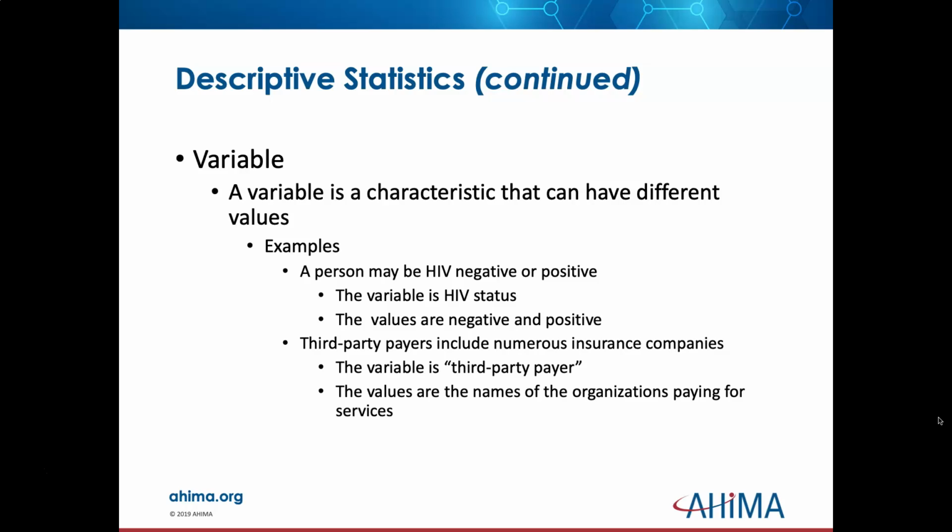The variable is the status. The values are negative and positive. Another example would be third-party payers include numerous insurance companies. The variable is third-party payer. The values are all the different insurance companies that pay for services.